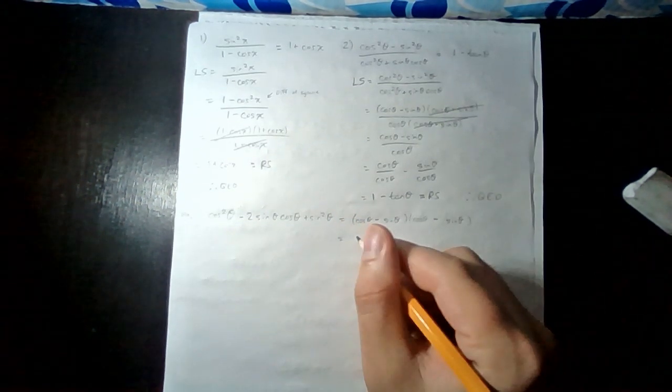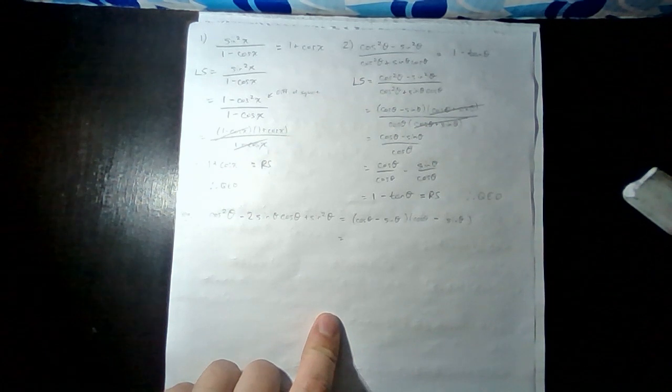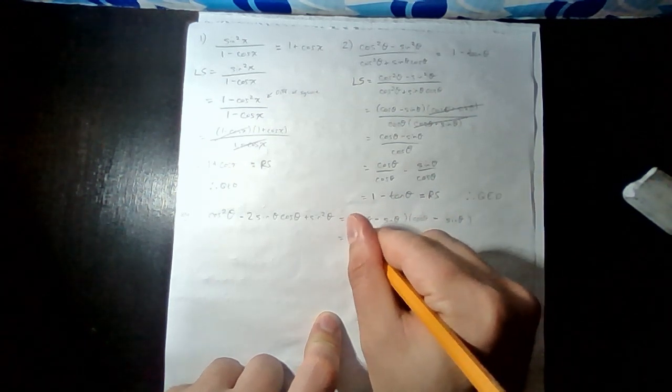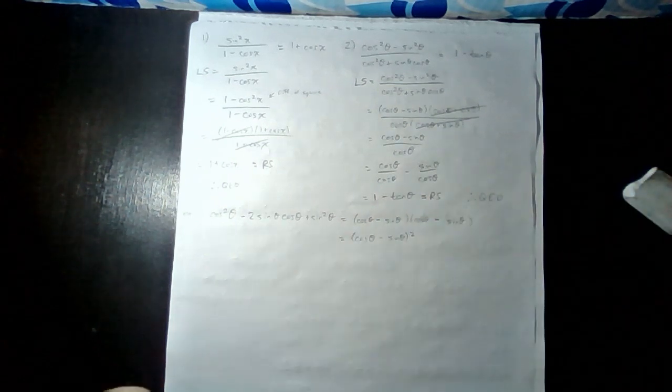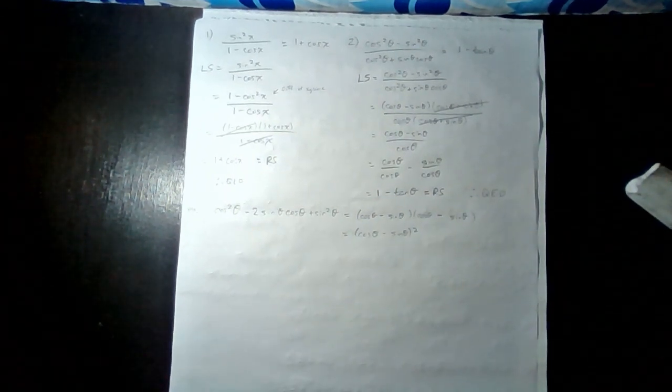And because it's a perfect square trinomial, we can rewrite this as that bracket squared. So cos theta minus sine theta all squared.